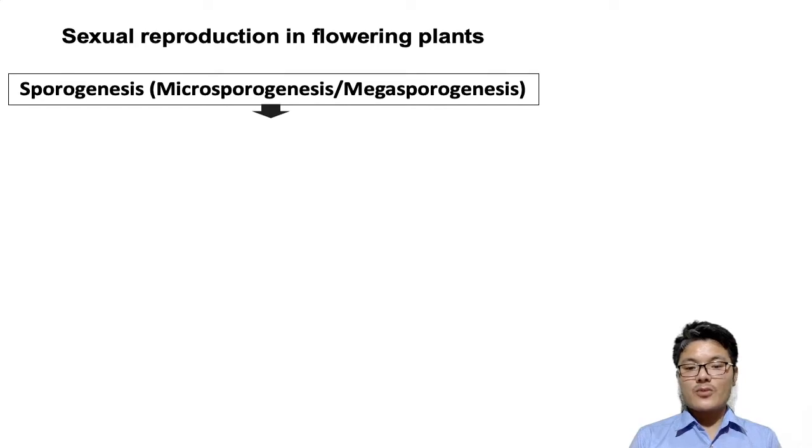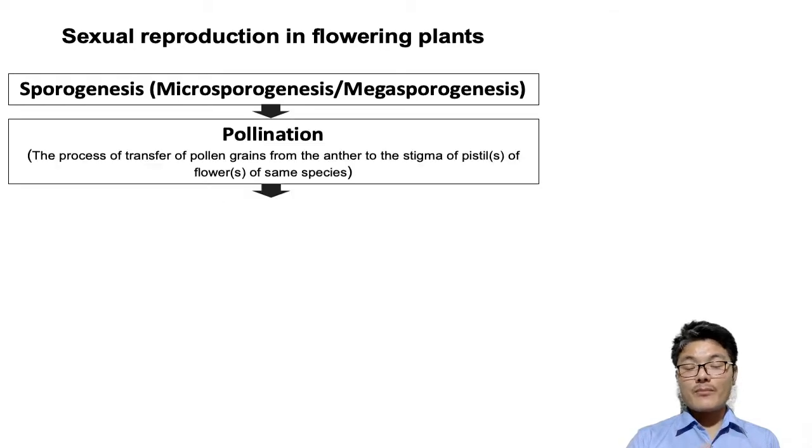Usually megaspores become the embryo sac, which possesses your female gamete. Now, after production of male and female gametes, pollination occurs. Though we had discussed the different pollinators, we haven't made ourselves clear about pollination.